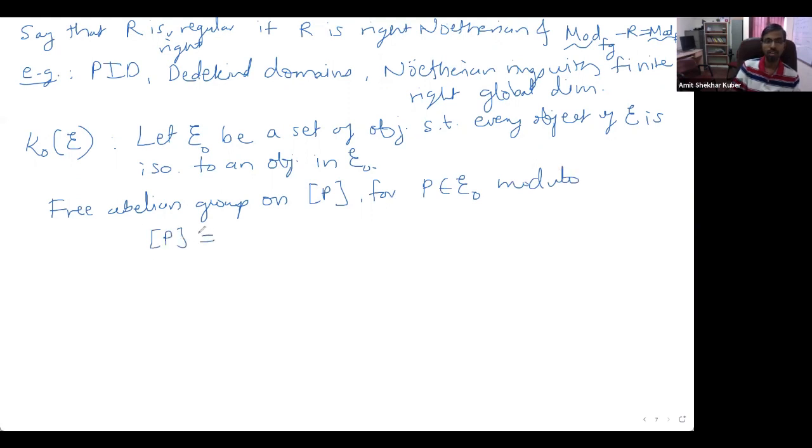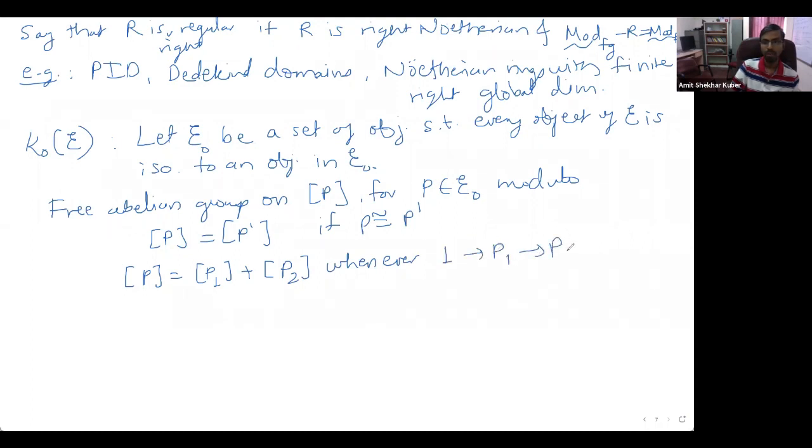The first one should not come as a surprise: if P is isomorphic to P prime, two isomorphic objects should get the same class. And secondly, the class of P equals the class of P1 plus the class of P2 whenever 0 → P1 → P → P2 → 0 is an SES in E.